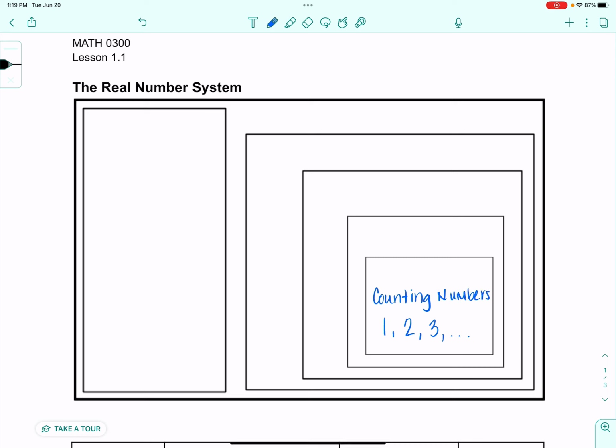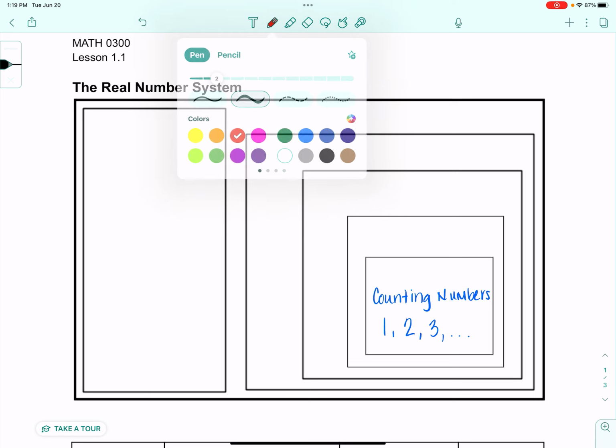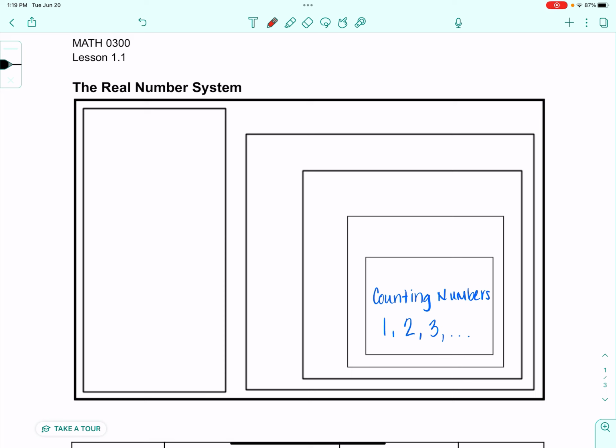These are the numbers that come naturally to us. We can see 1 object and 2 objects and 3 objects. They're right there in front of our faces. So because of that, these are more officially known as the natural numbers.